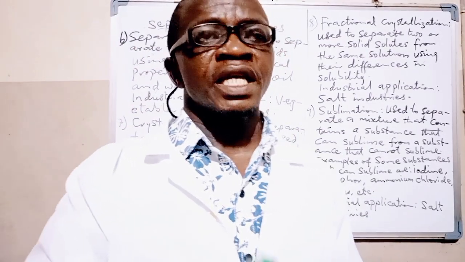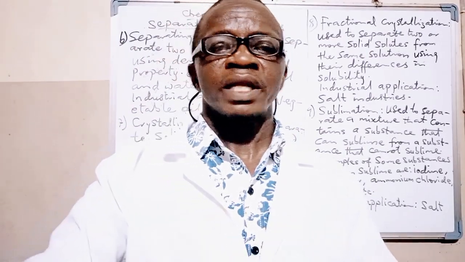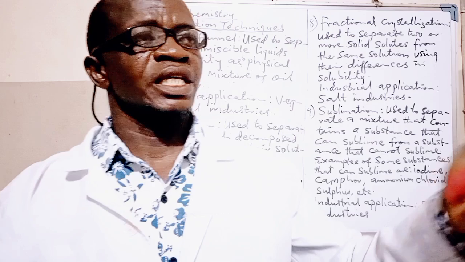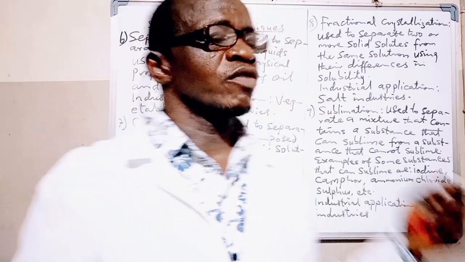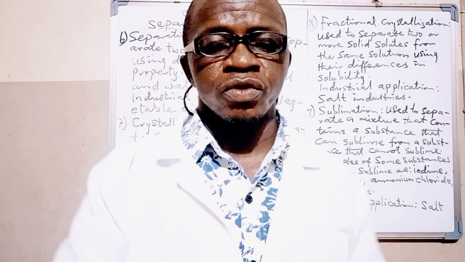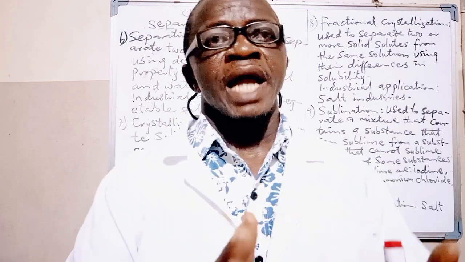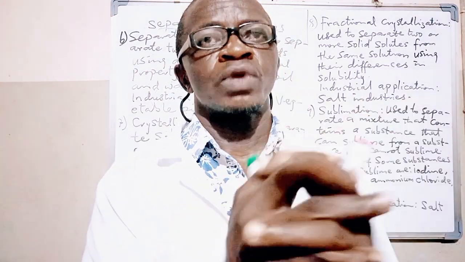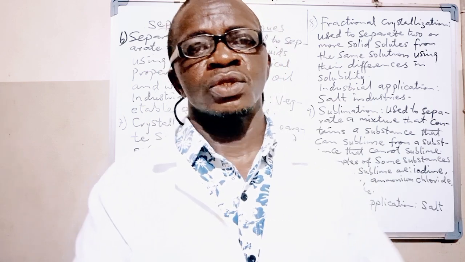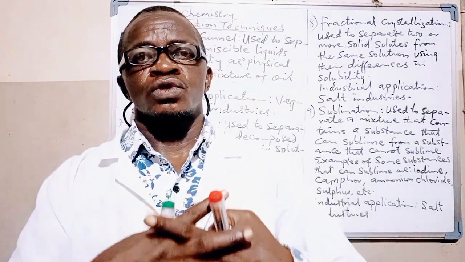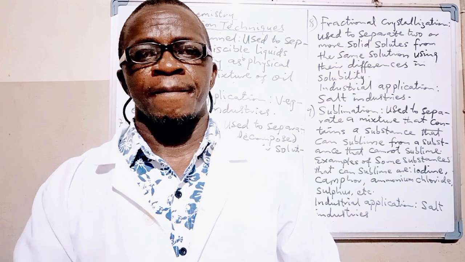What is seeding? You just pick, like planting seed in your farm, some seeds of this salt and spray on the solution. The ones in the solution will hook themselves on the seed that you are planting in the solution, hold on to it and come out faster.